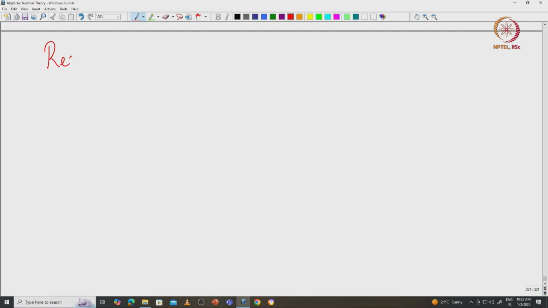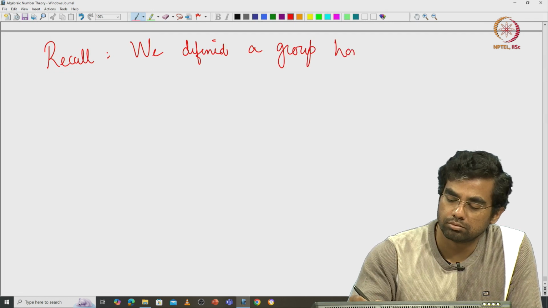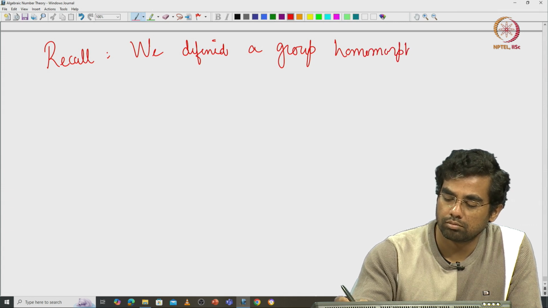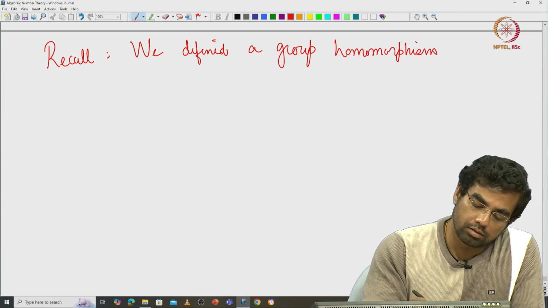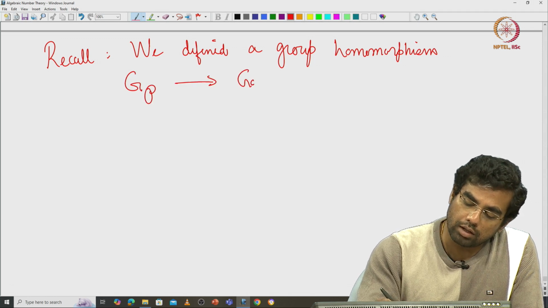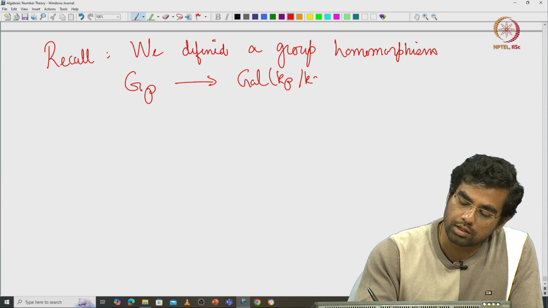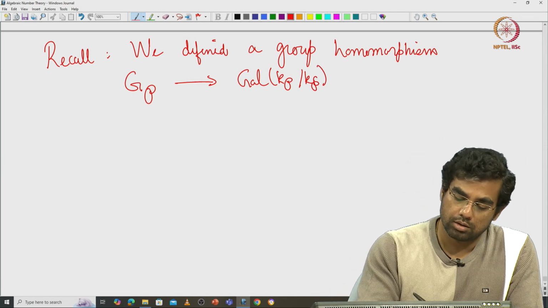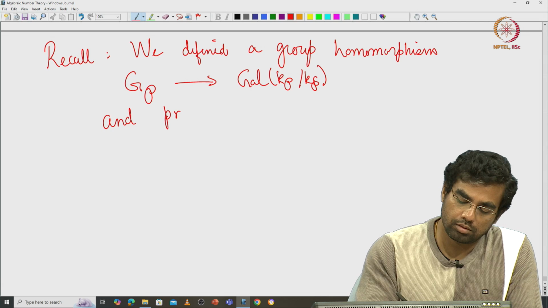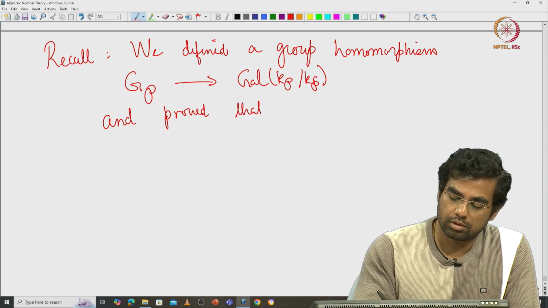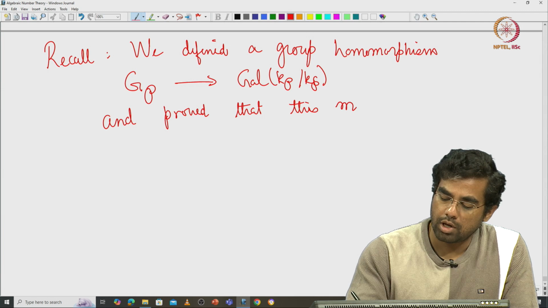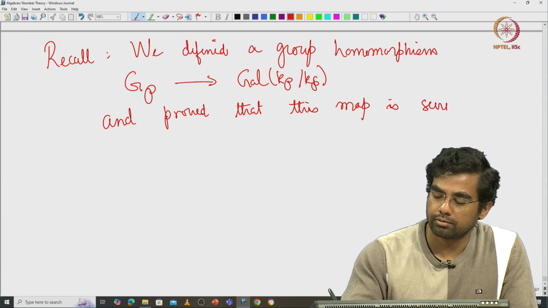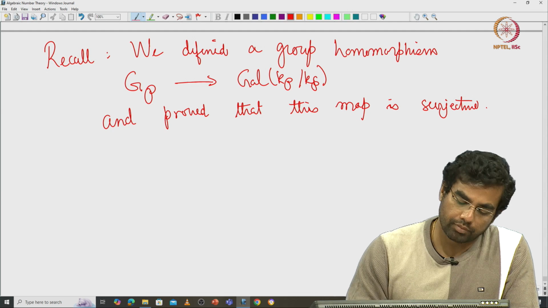Okay, so recall we defined a group homomorphism G sub P to the Galois group of K sub P over K sub small p and proved that this map is surjective. Okay.